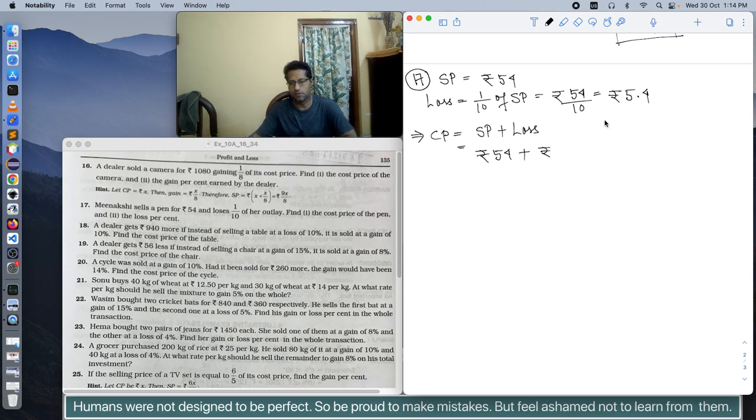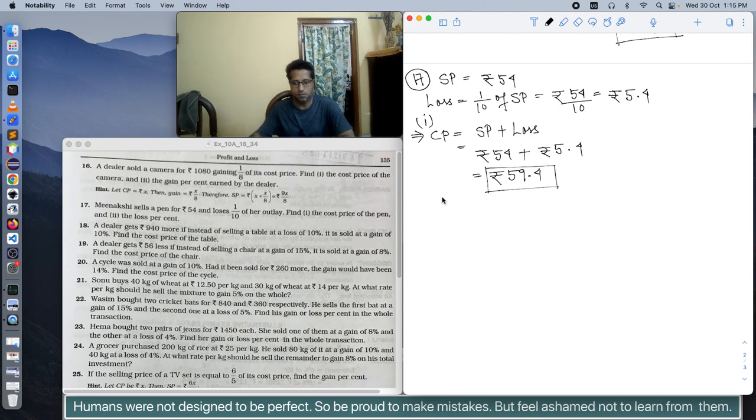So cost price will be selling price plus loss. This is rupees 54 plus rupees 5.4. This is rupees 59.4. So this is the cost price. This is part 1. The first part of the problem is to find the cost price. Cost price is rupees 59.4.